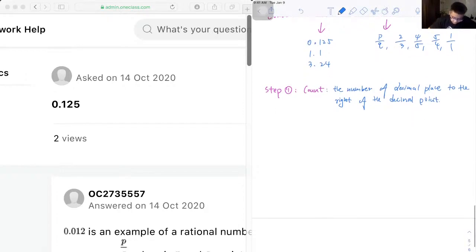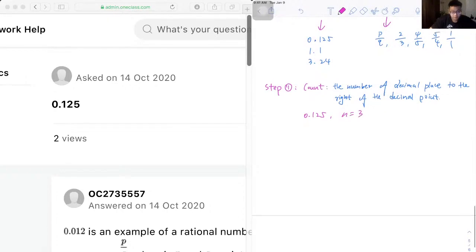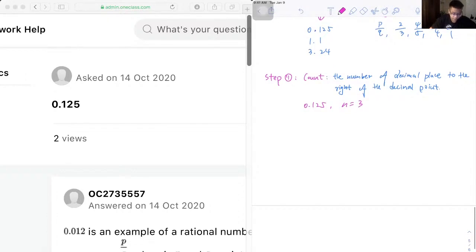In this case we have 0.125, so the number of decimal places will be 3. So we write n is equal to 3.